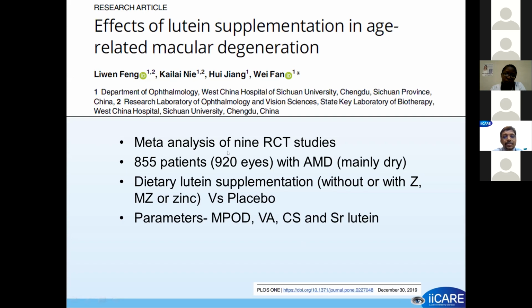It included 9 randomized controlled trials with a total of 855 patients, evaluating lutein supplementation, either with zeaxanthin or mesozeaxanthin, compared with placebo. The parameters tested were MPOD, visual acuity, contrast sensitivity, and even serum lutein levels.